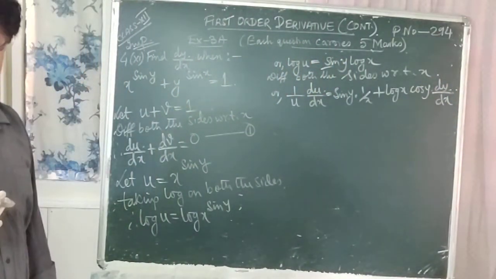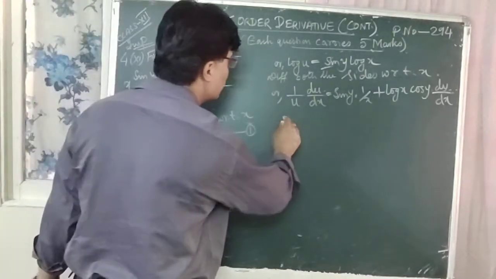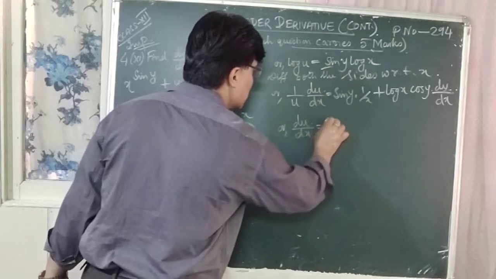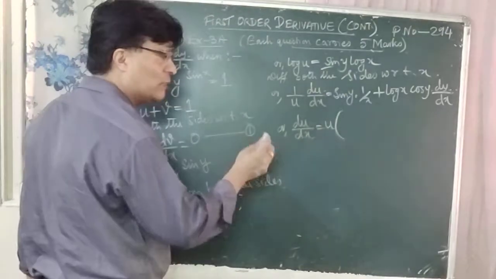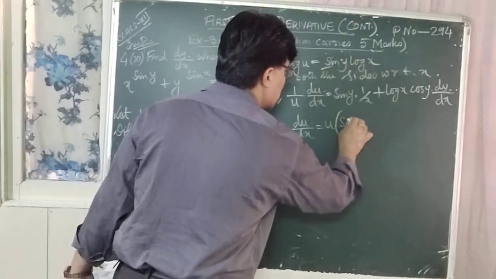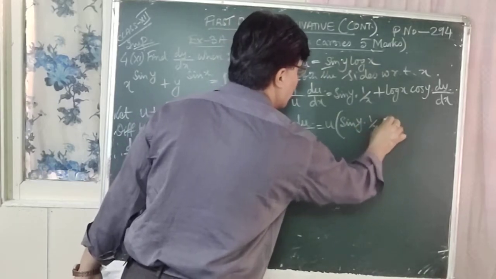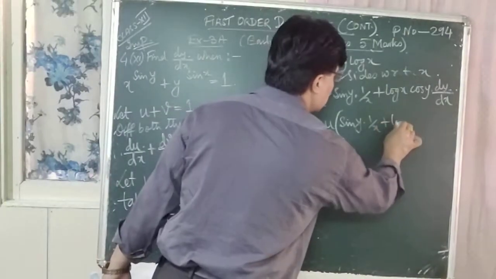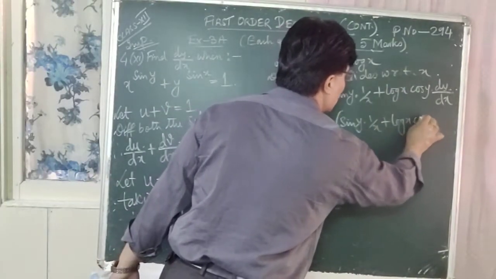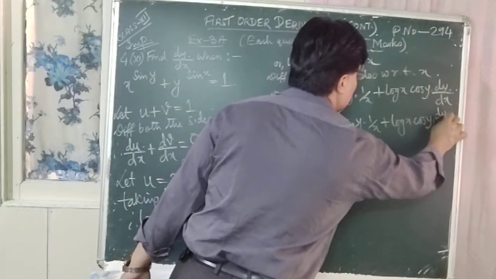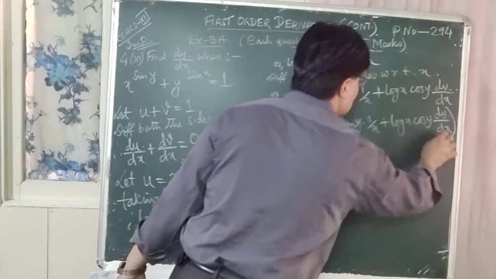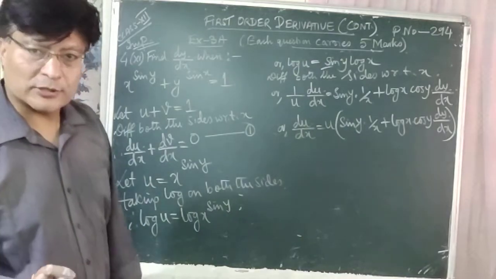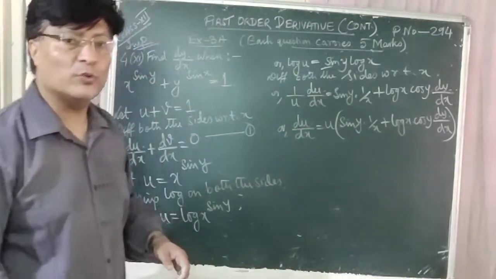So I think you have understood it, okay? Now we do cross multiplication. So du by dx is equal to u, and within the bracket, what do we write? Sine y into 1 upon x plus, what is the second term here? It is log x into cos y into dy by dx. Your bracket is closed. Now we have to put the value for u on the right hand side.